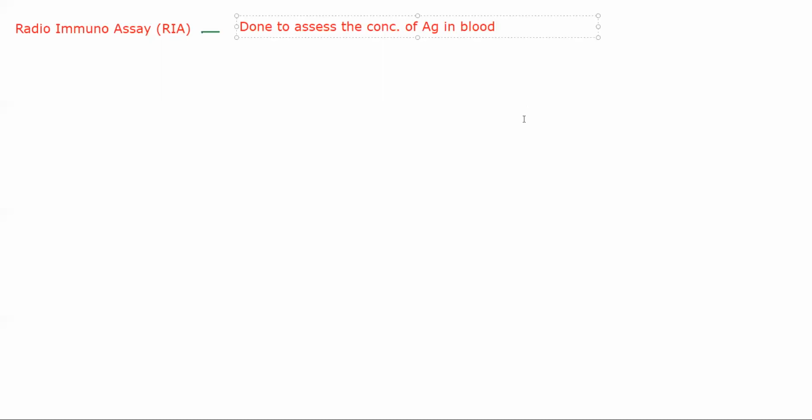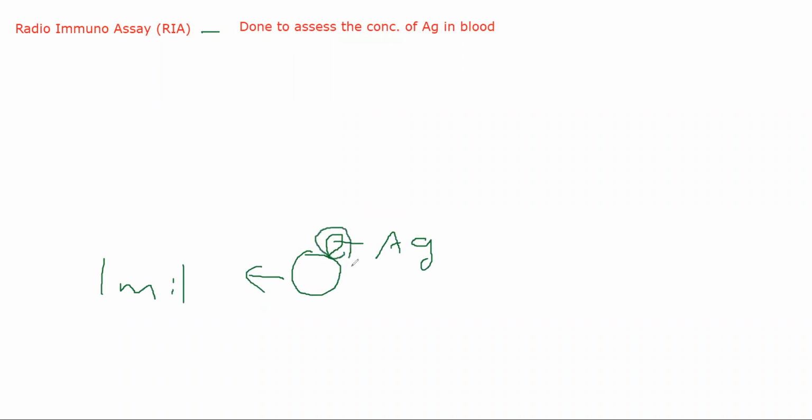So if more antigen is present, think of it this way. If one bacterium, let's suppose, has one antigen, and let's suppose there are 1 million bacteria like that in your blood, then if you measure the concentration of antigen present in your blood per ml, you'll be able to guess how many bacteria are present in your whole body.